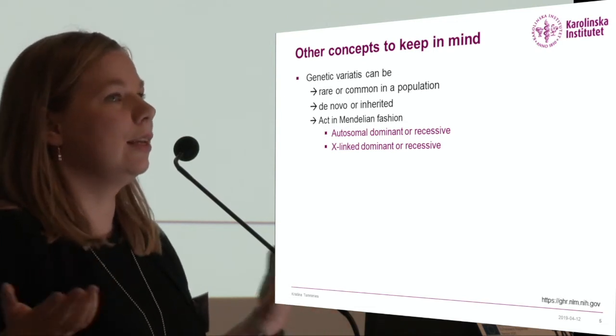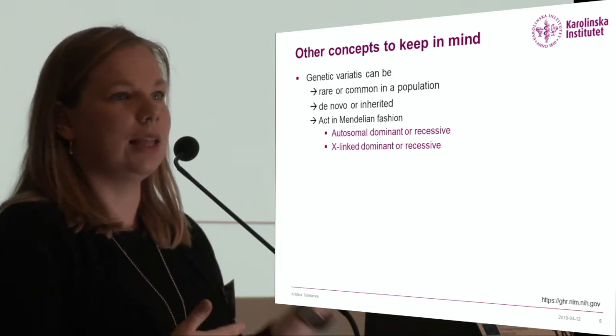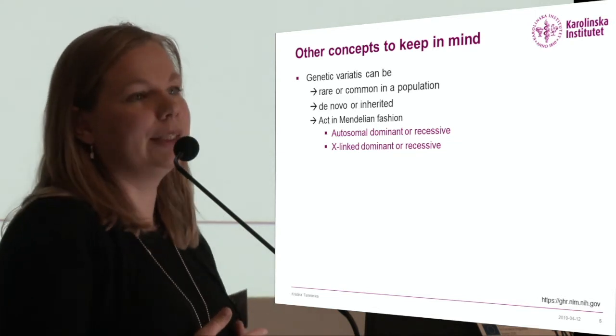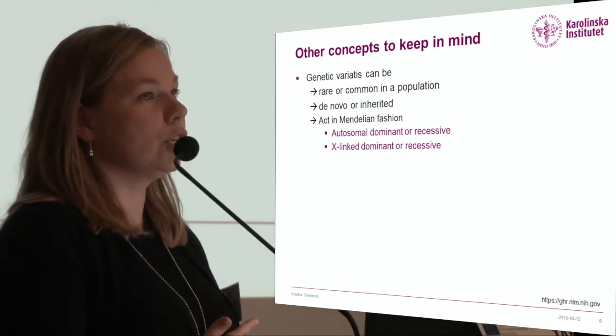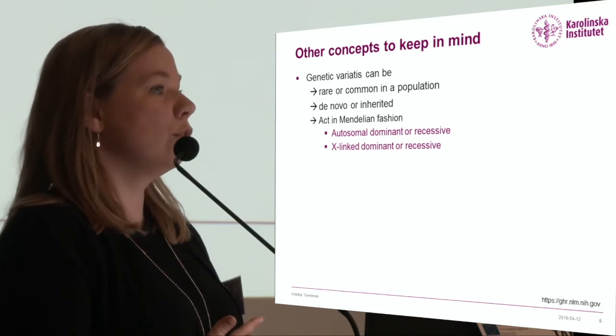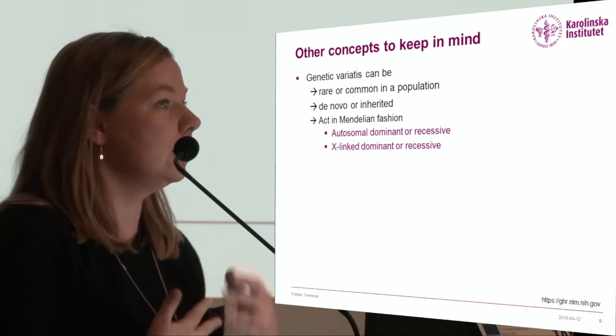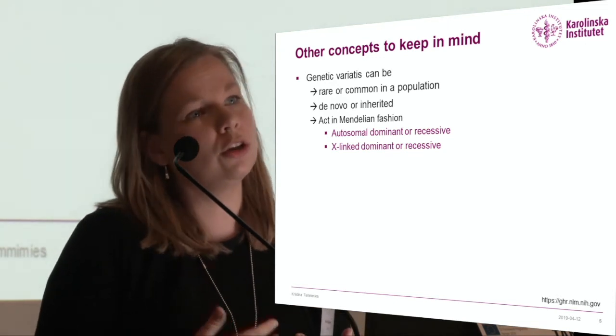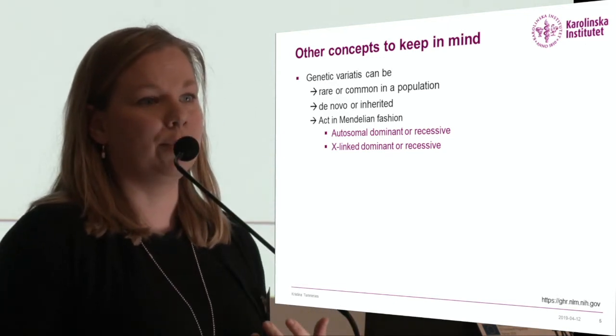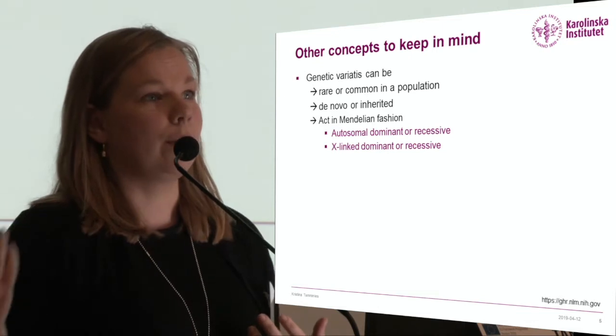So common means that it's fixed in the population, that we always see these happening. But about these frequencies, it's good to think that they are also population specific. So if you're studying a Chinese or Asian population, you cannot always rely on a reference sample that is coming from Sweden or the US.